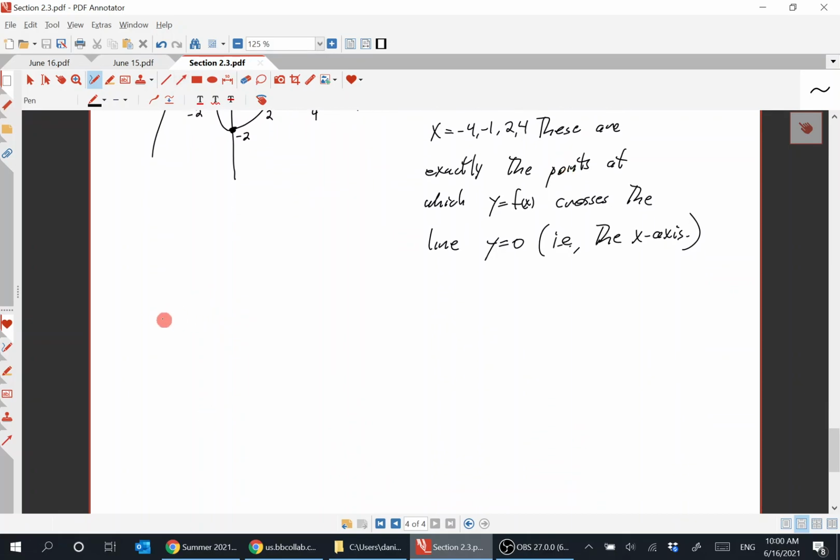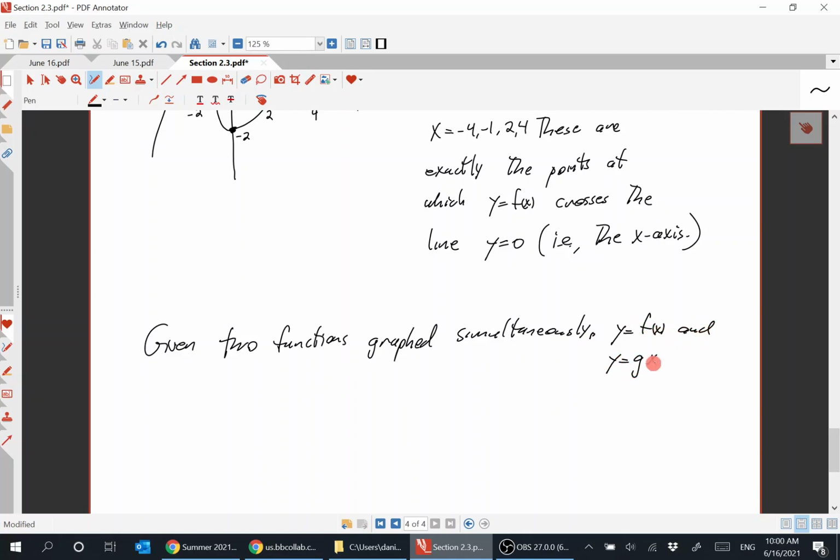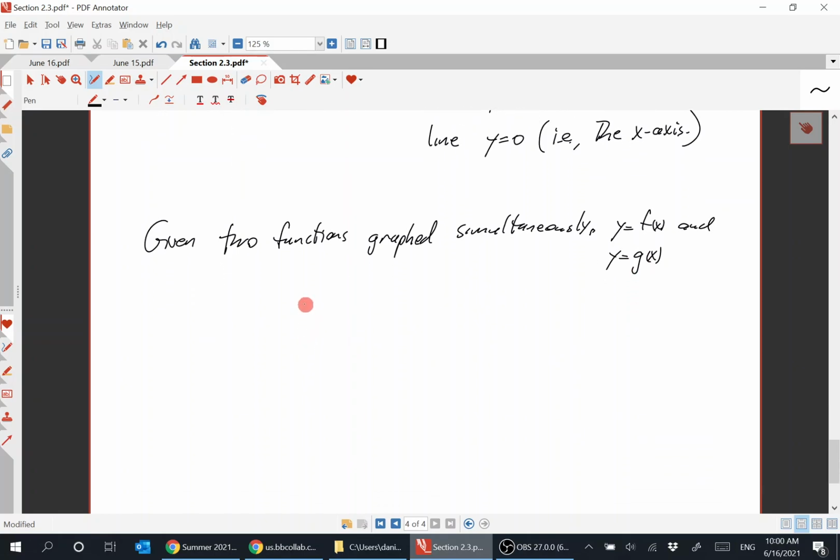If you've got two functions graphed simultaneously, y equals f of x and y equals g of x, right?